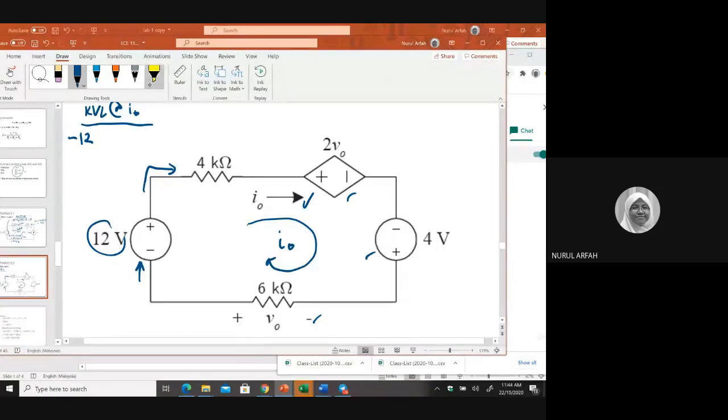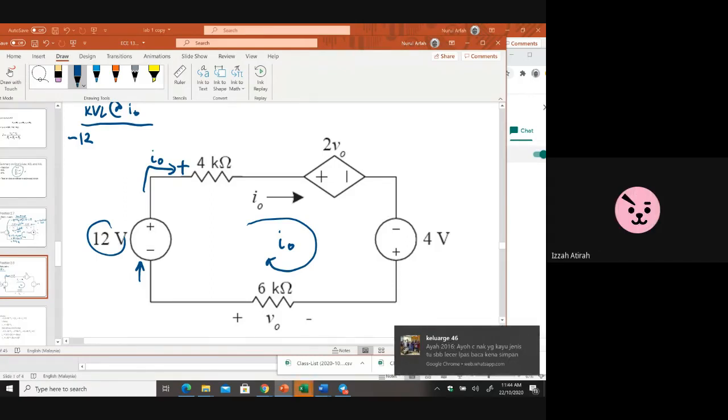Can you build an equation there? This is I naught entering a passive element. Polarity should be? Positive. Yes.